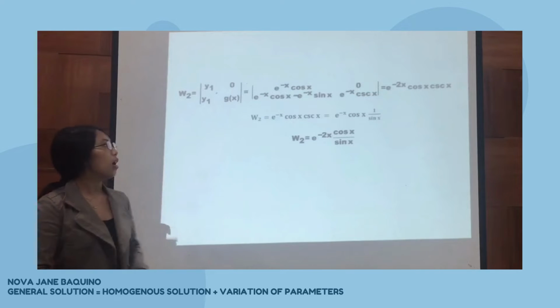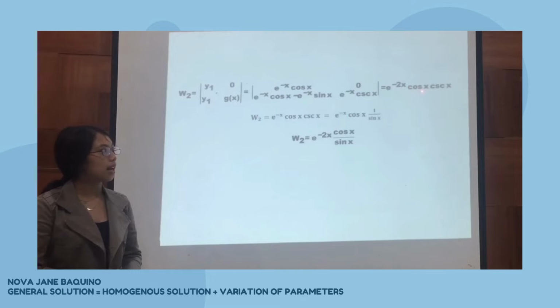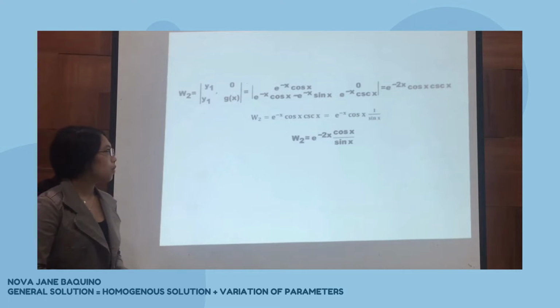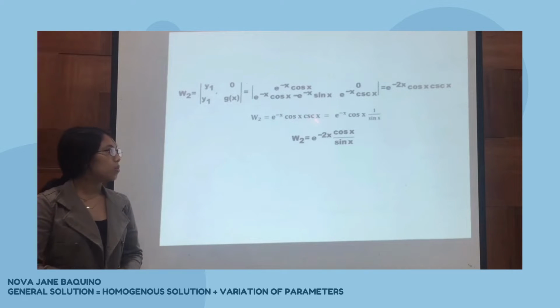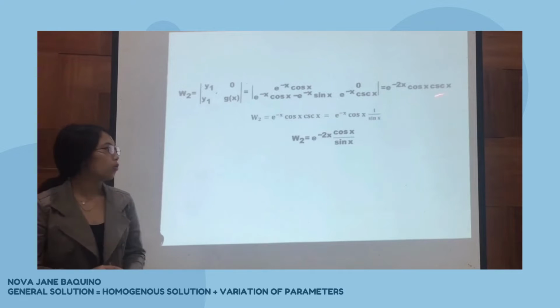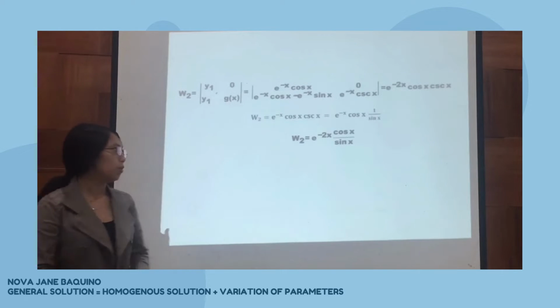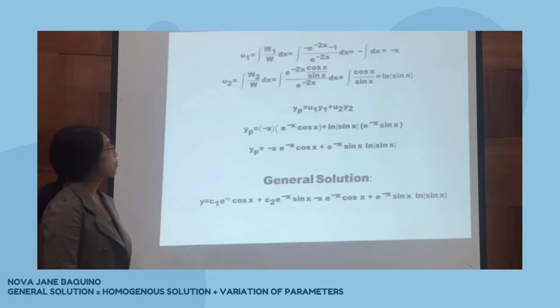So we have the result of e to the negative 2x cosine x cosecant x. So W sub 2 is equal to e to the negative x cosecant x times cosine x, which is e to the negative x cosine x times 1 over sine x. So we have the value of W sub 2, which is e to the negative 2x cosine x over sine x.